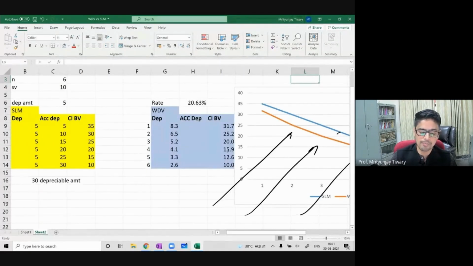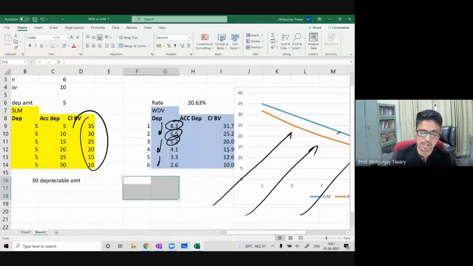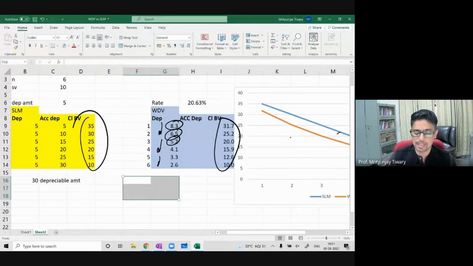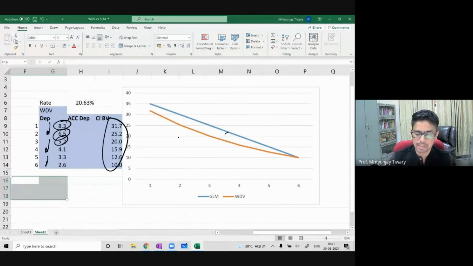At any given point of time, you are charging higher depreciation in case of WDV. So even with the reduced numbers, you will never see a reversal as far as the balance sheet positions are concerned. Balance sheet position is just playing a catch-up game. And when will it catch up? It will catch up at the last moment.